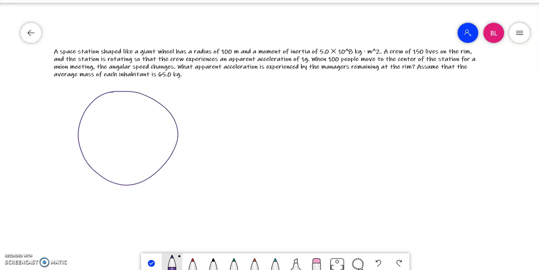the wheel-shaped space station with an initial radius, r sub I, equal to 100 meters. We know the moment of inertia of the space station is equal to 5 times 10 to the 8th kilogram meters squared.